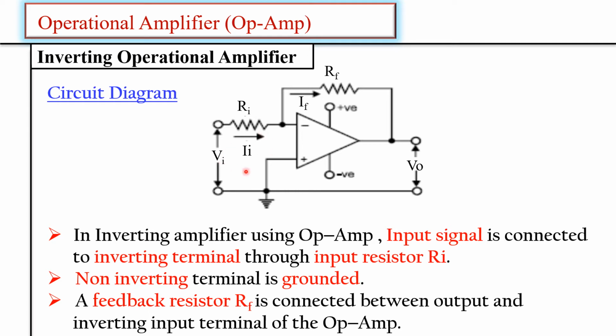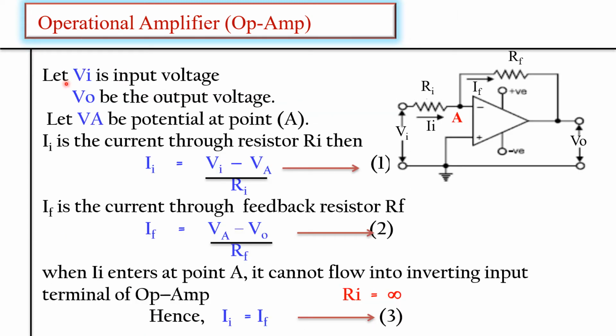The current flowing through the resistance Ri is Ii, and the current flowing through the feedback resistance Rf is If. Clear? So let Vi be the input voltage, Vo the output voltage, and Va the potential at point A. So this is point A.